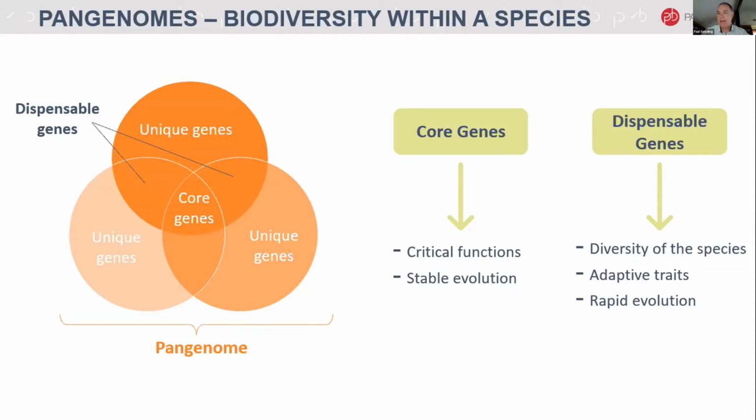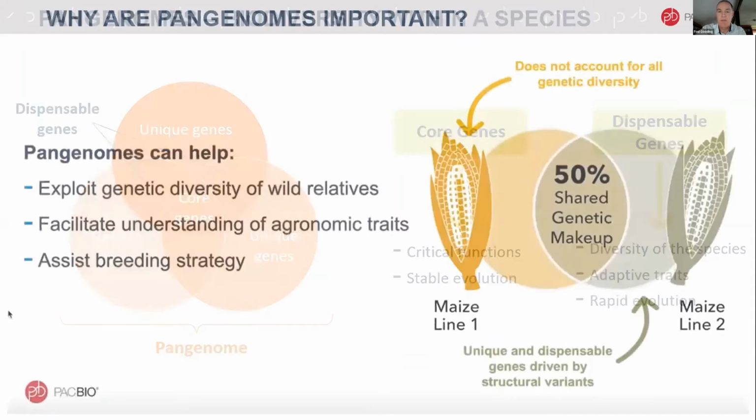So they tend to be evolving faster. They're under selective pressure, of course, and they're a major contributor to the phenotypic variation of agronomically important traits within a plant. They can be used for improving crop productivity potentially, and they probably play a critical role in adaptive evolution and also domestication of some of those species.